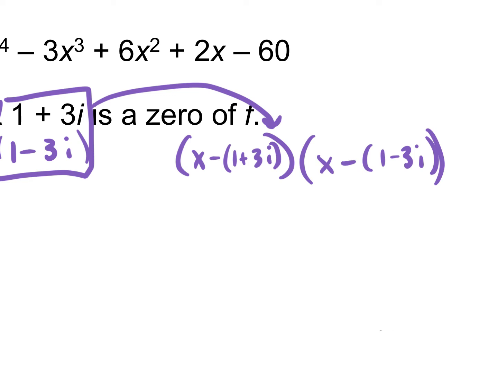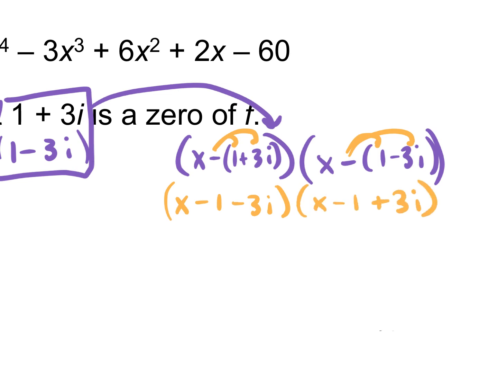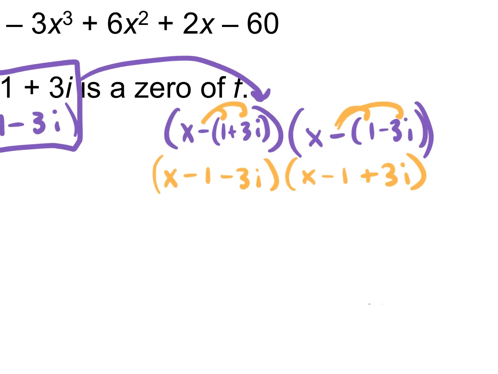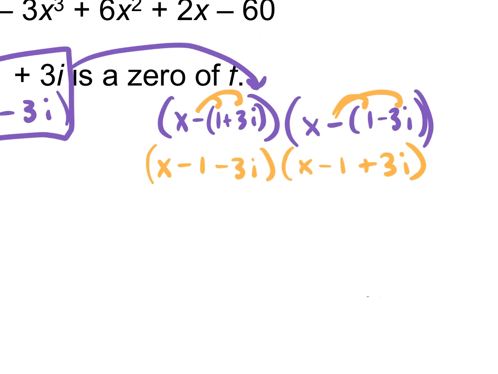What do you think I need to do next to multiply these out? I want to distribute the negative on the inside. So this is x minus 1 minus 3i and x minus 1 plus 3i. Now here, because I have 3 terms inside each parentheses, they may not look like conjugates, but they actually are.